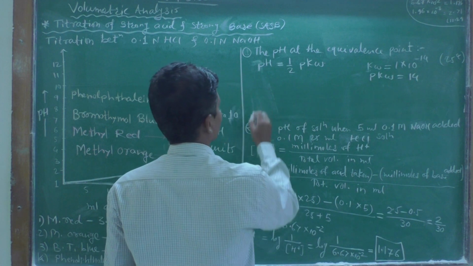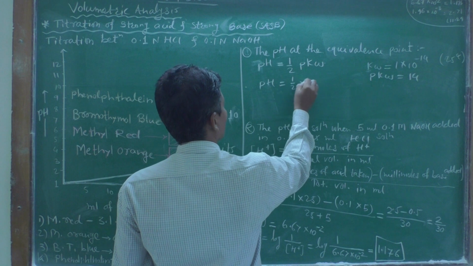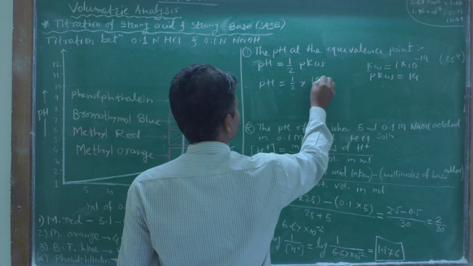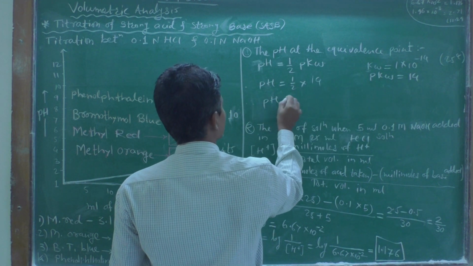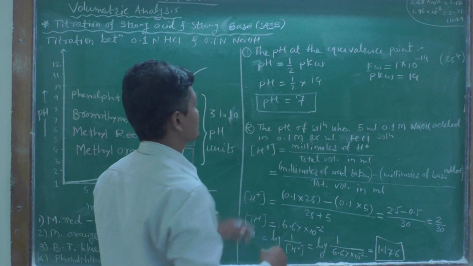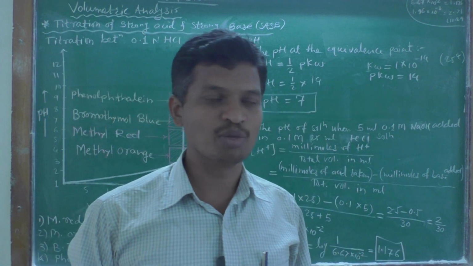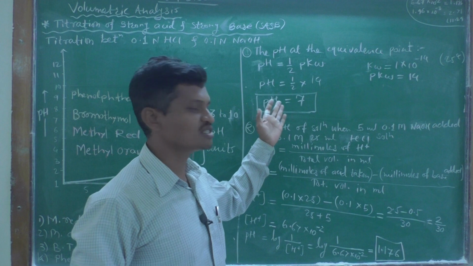Therefore pH is equal to 1/2 of pKw, which is 7. At the equivalence point of titration between a strong acid and a strong base, the pH of the solution becomes 7.